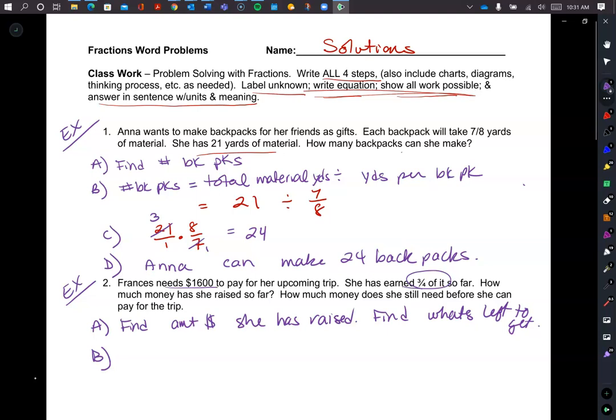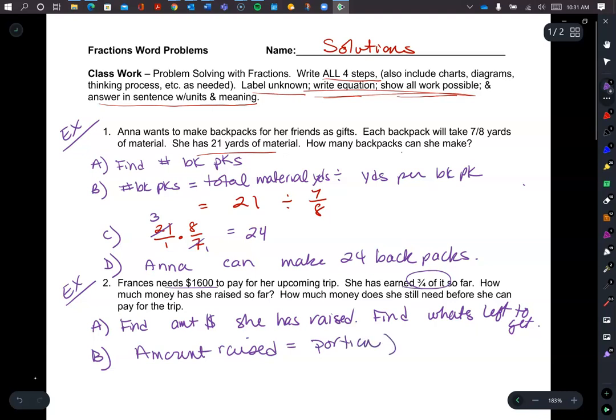So we'll do more with this later, but your amount raised would equal the portion times the total. Sometimes we call that base. Sometimes the portion is called a percent, or it's either a decimal, a percent, or a fraction. In this case, we have a fraction.